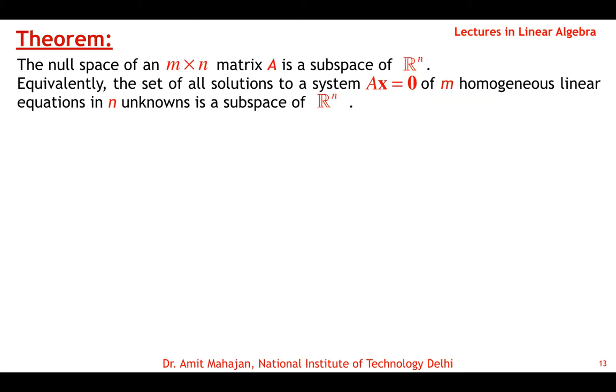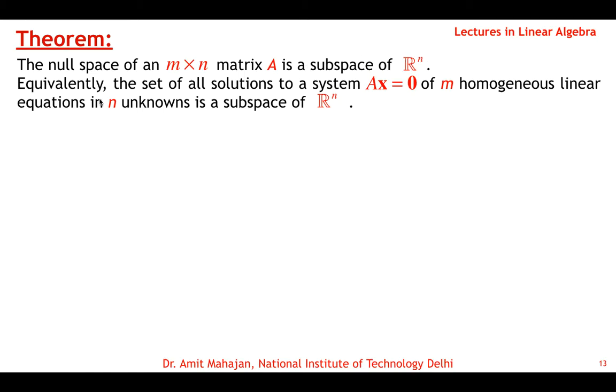So now this theorem: the null space of an m cross n matrix A is a subspace of Rn. As I said, the definition says that the null space of A contains vectors x such that Ax is 0, the homogeneous system is satisfied, and because the x vectors are coming from the domain, the null space has to be a subspace of the domain.